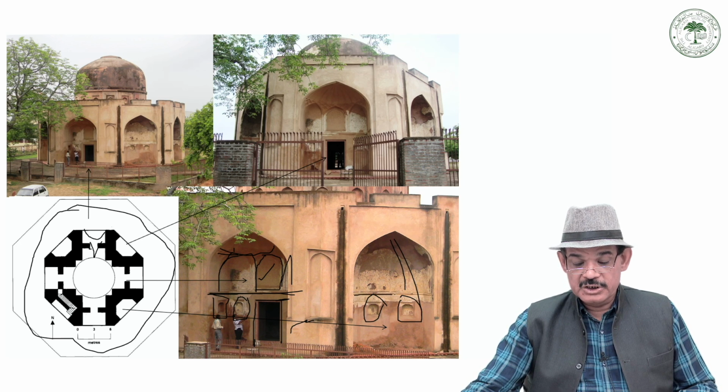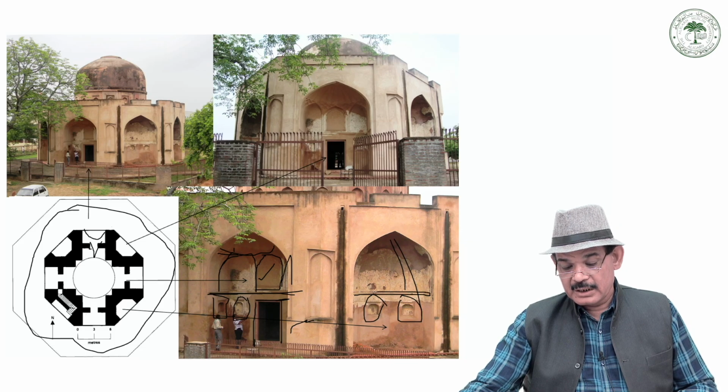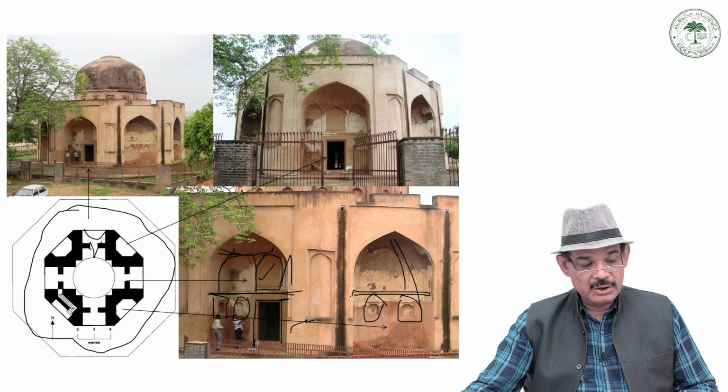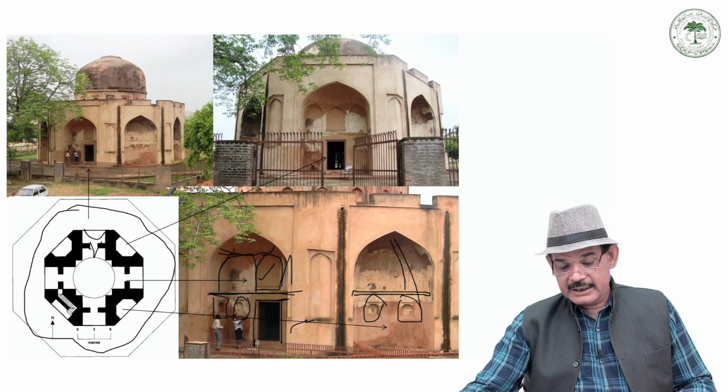These two stories are again demarcated by a cornice, and the corner is also embellished with an arch, a blind arch niche.